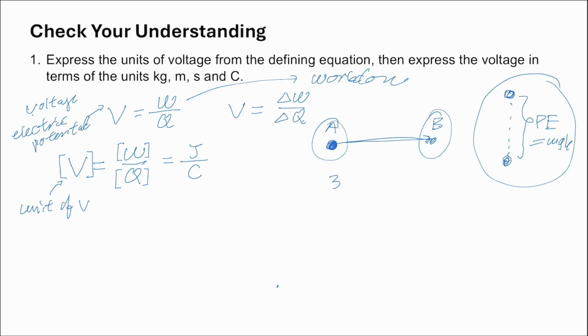So if you have 3 joule required from A to B, and you have 2 coulomb of charge, the potential difference is 1.5 joule per coulomb, or 1.5 volt.